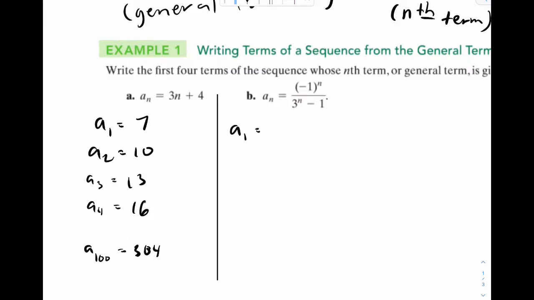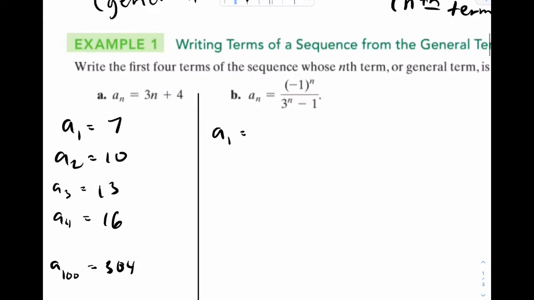Plug in 1. This is a little bit more tricky. The top is going to be -1. The bottom is 2. So that's -1 over 2. Now for our second term, let's plug in 2. Notice if you plug in 2 right here, -1 squared, that's +1. So that's 1 over 3 squared is 9, minus 1 is going to be 8.